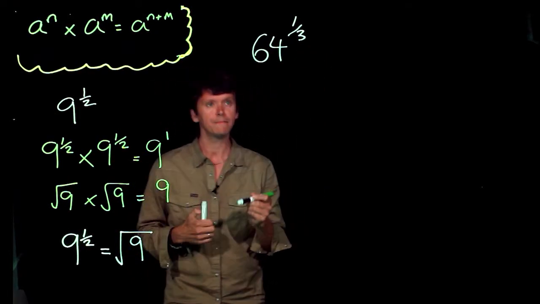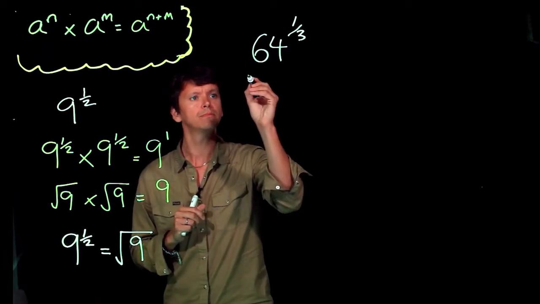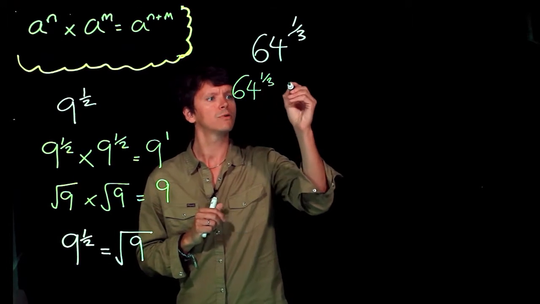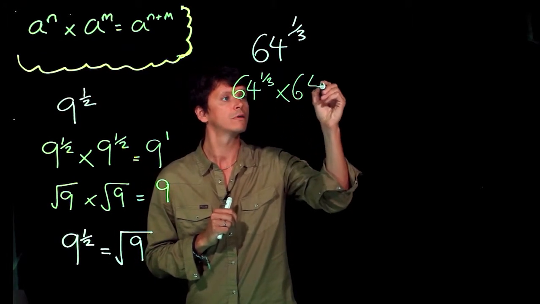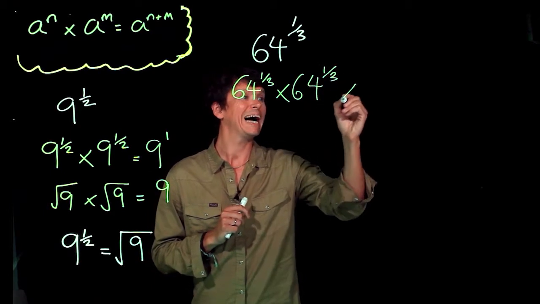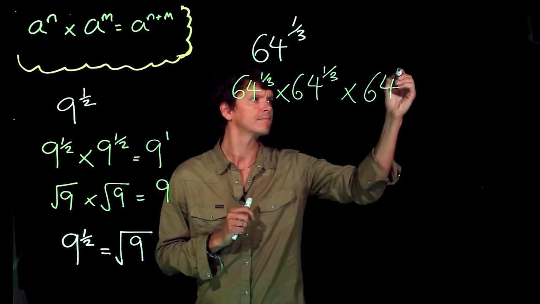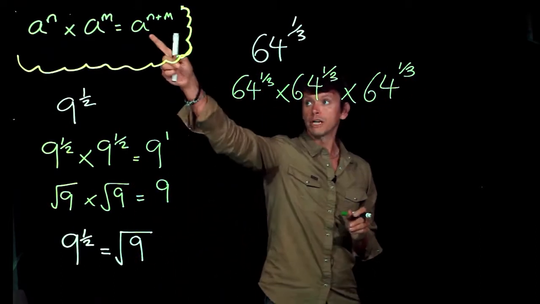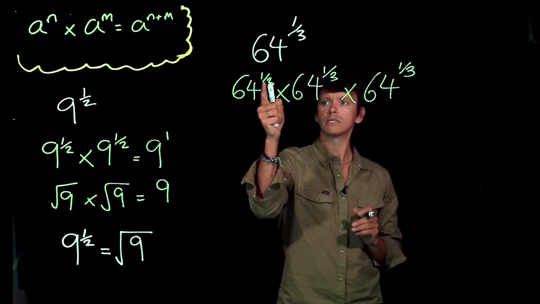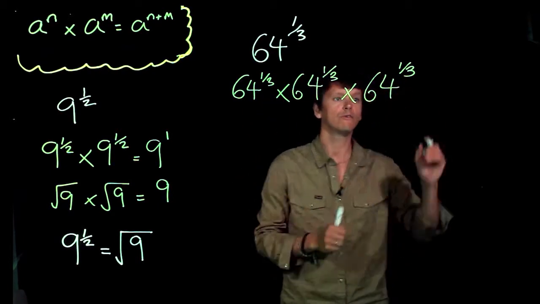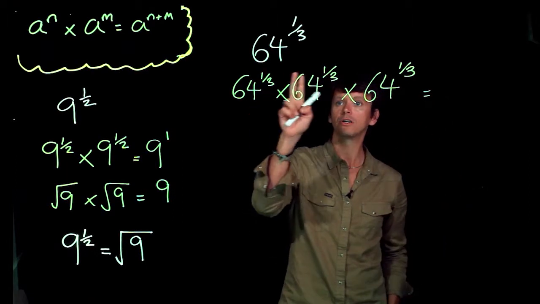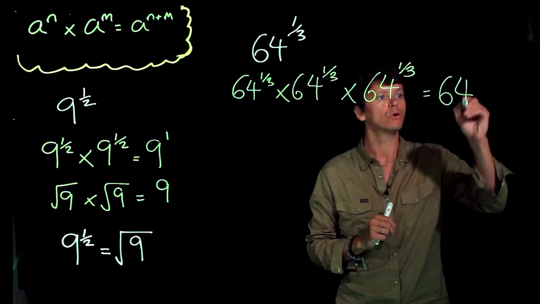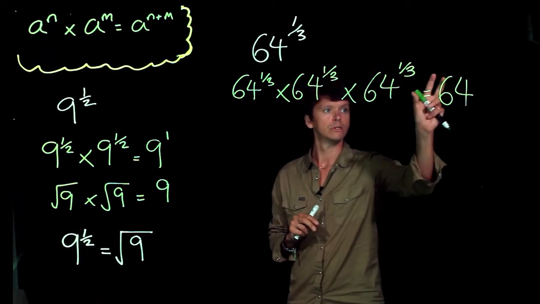Just like we did over here, let's assume 64 to the power of a third, if we were to multiply that by itself and by itself again, using our rule, we add the powers: a third plus a third plus a third equals 1. 64 to the power of 1 equals 64.